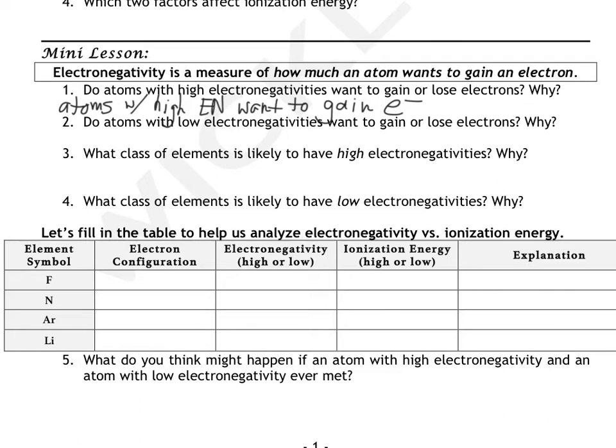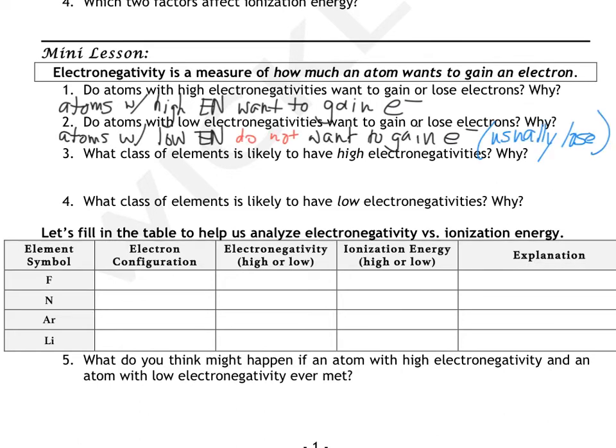Now, it's not always true, but it's generally true. So I tried to reflect that in my answer here by saying, for sure, that atoms with low electronegativities do not want to gain electrons, and also usually that they would want to lose electrons. I will be able to show you an example of what I mean for that in a few seconds.